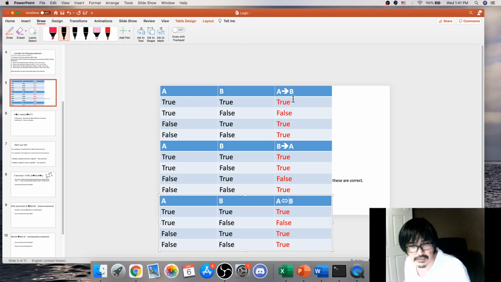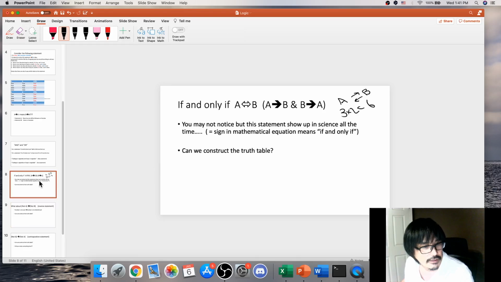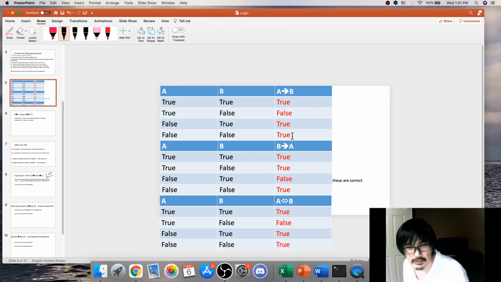Both of them have to be true. For the first case right here, both of them are true. It's an and statement: A implies B and B implies A. Both have to be true at the same time. So the first statement is true and the second is true, so this has to be a true statement right here.